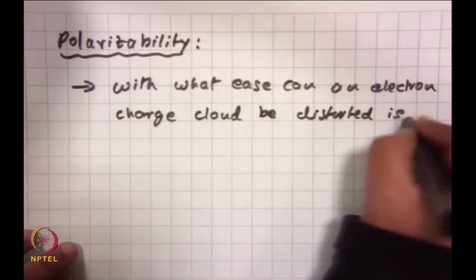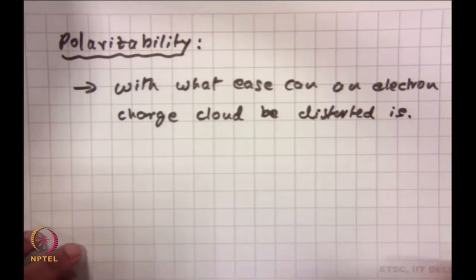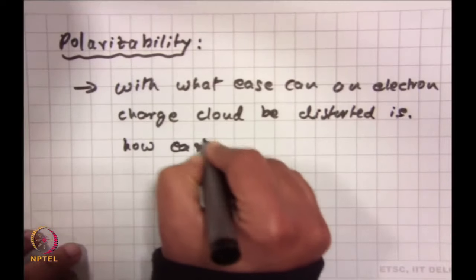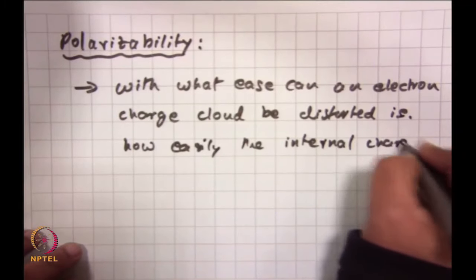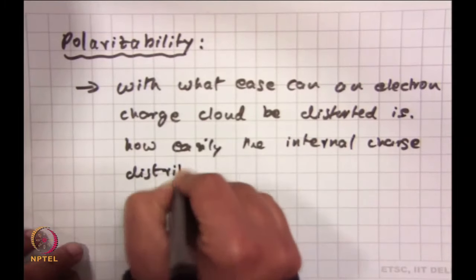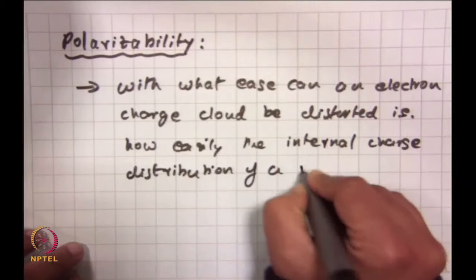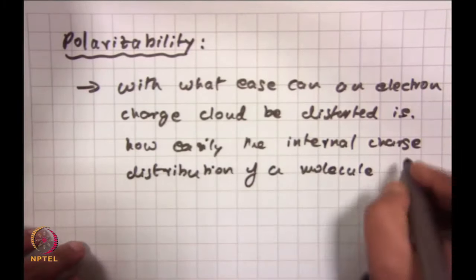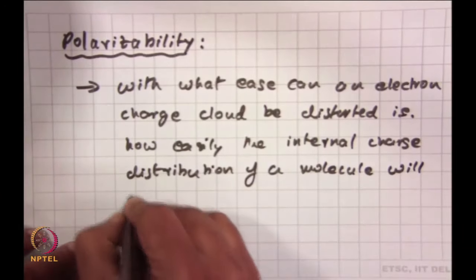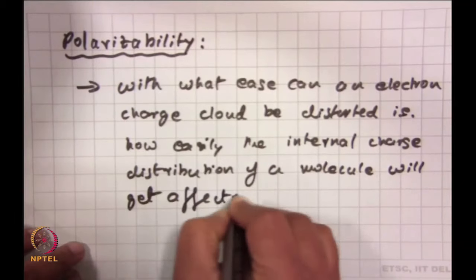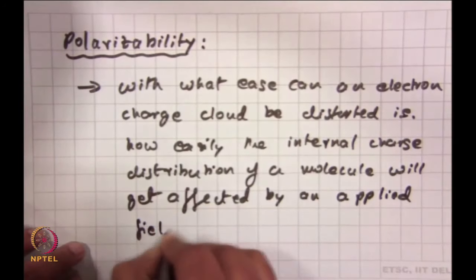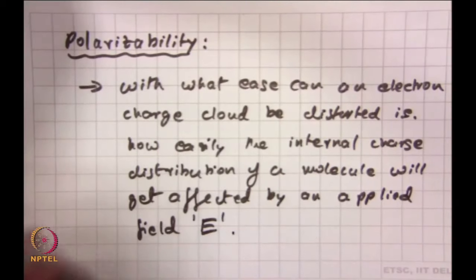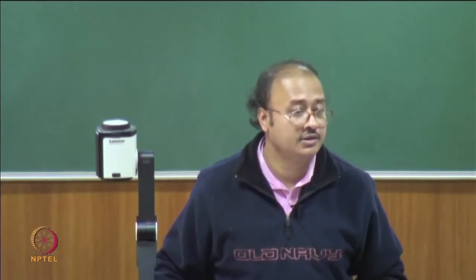You can also frame it differently: how easily the internal charge distribution of a molecule will get affected by an applied field E. That means you apply a field E, and then the polarizability tells you how easily or to what extent this charge is distorted.